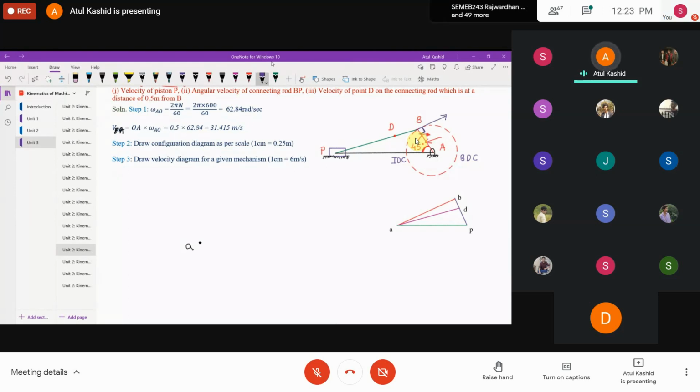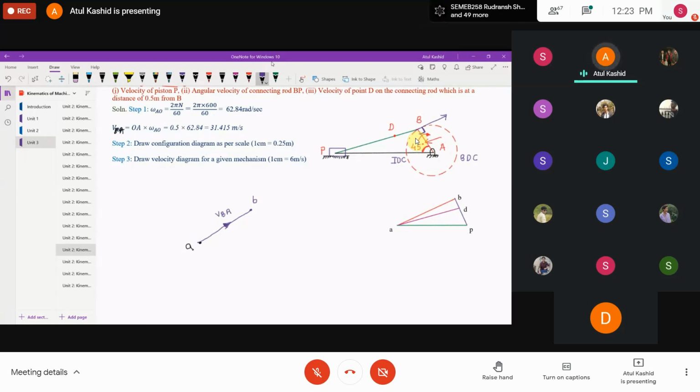So similarly, in the velocity diagram, we have to draw this parallel to what we have taken over there, right? So this point will be point B. And if I draw the arrow like this, you can see the arrow is pointing towards B. So this will be the velocity of B with respect to A, and is represented by vector ab, right?